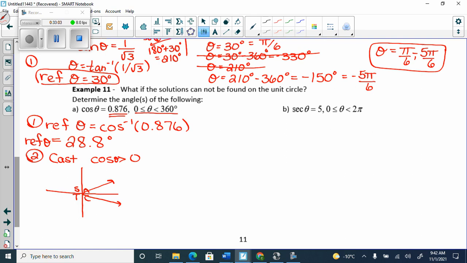So this one is the reference angle. Quadrant 1's great. It's like my best friend. It doesn't cause me problems ever. So theta equals 28.8 degrees. This is also theta. This is the theta reference, which is 28.8. How do I get this?